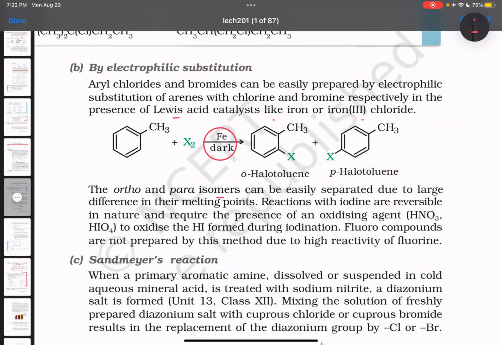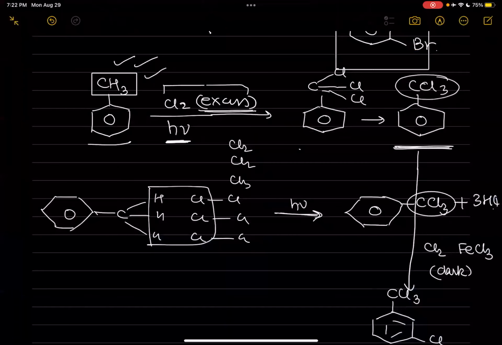Ortho-para isomers can easily be separated. Suppose someone asks you, I need only ortho, you can do the distillation and you will get the ortho product. But in NCERT, they are assuming that you have studied this in class 11, so they have not given any details.